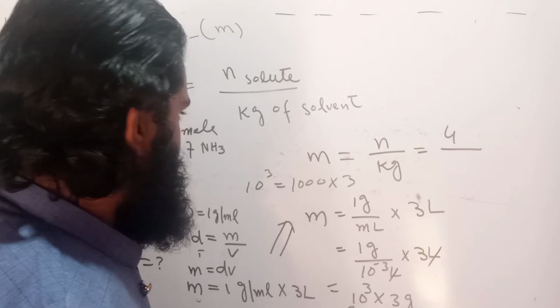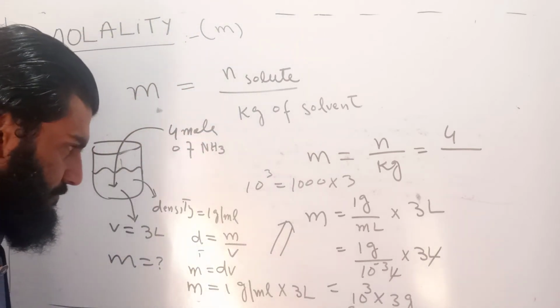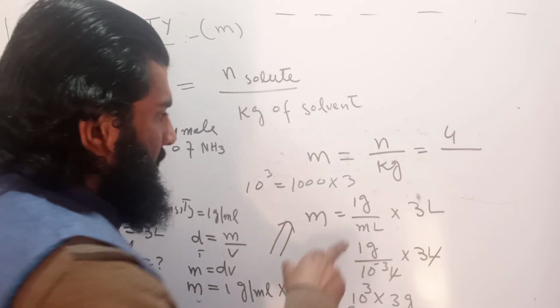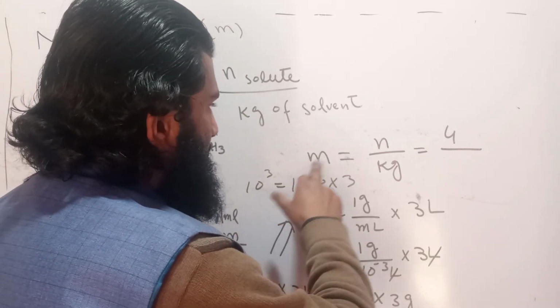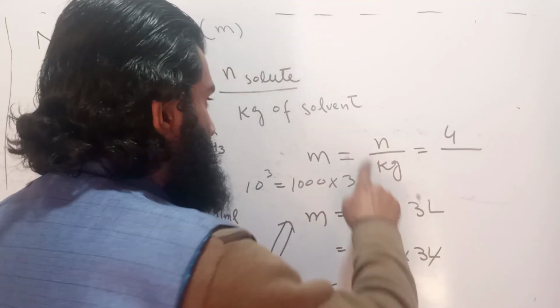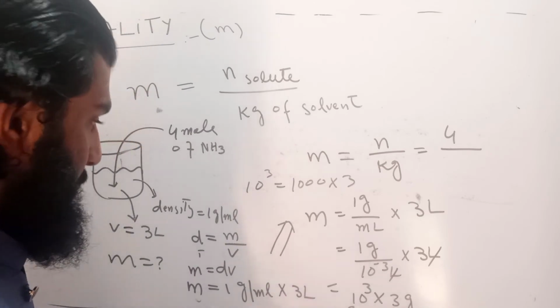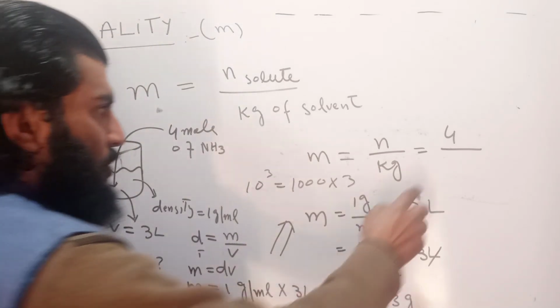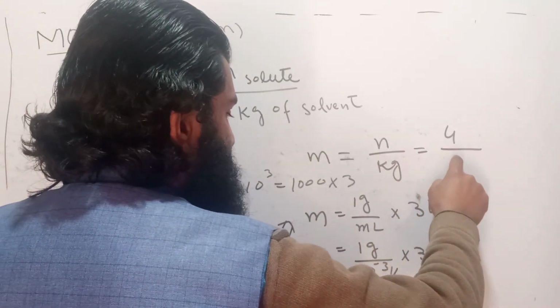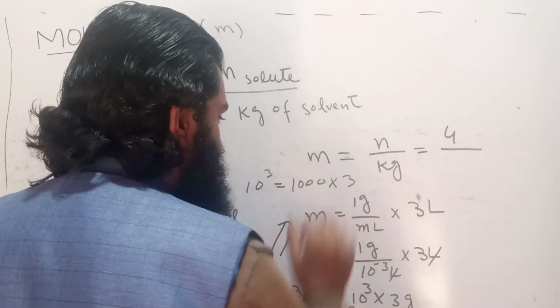Clear? What have we done here? Molality is equal to number of moles of solute divided by kilogram of solvent. The number of moles of solute is 4. So now we write here the mass in kilograms.